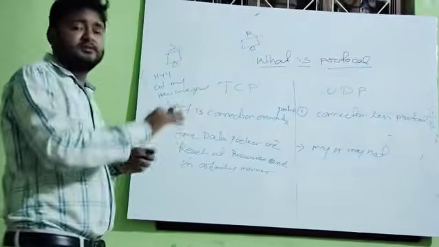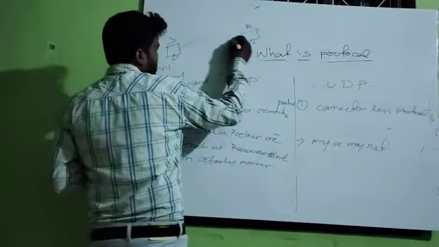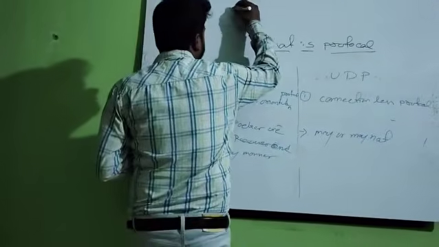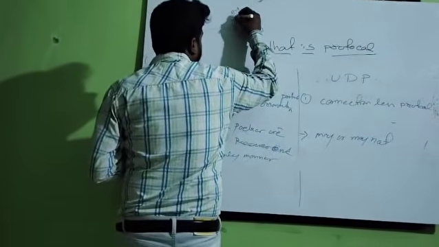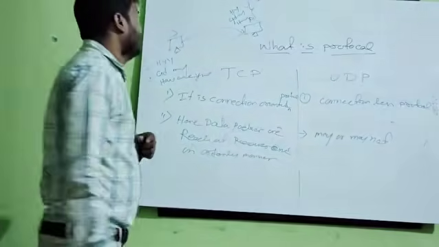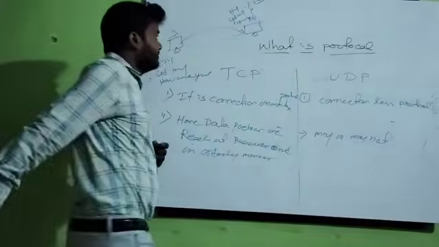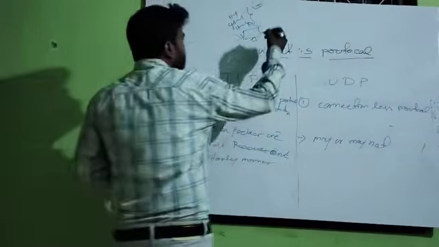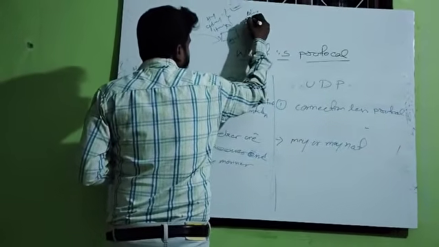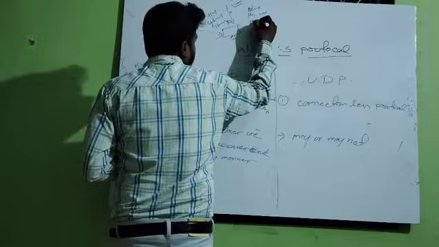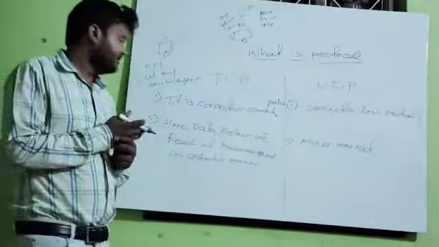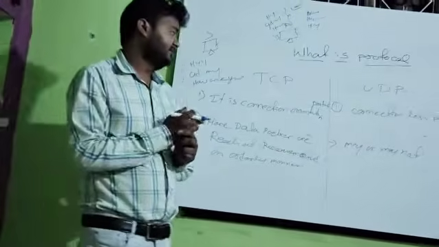At the receiver end, if the messages arrive as first hi, second good morning, third how are you, then the messages are in an orderly manner. If the messages arrive as good morning, then how are you, then hi, then the messages reach in an unorderly manner. That is the concept of orderly and unorderly.